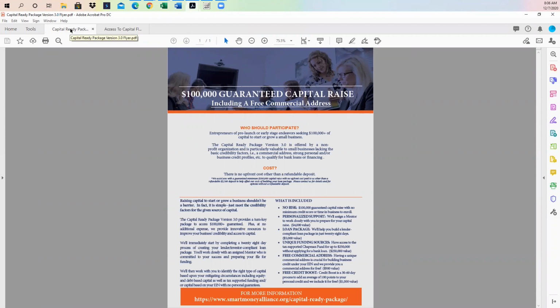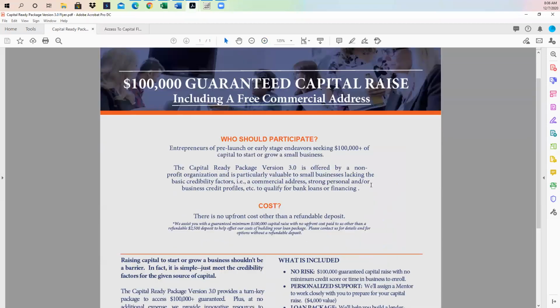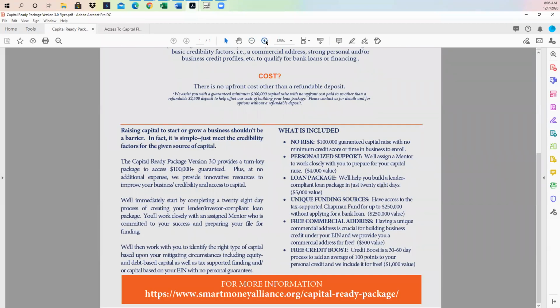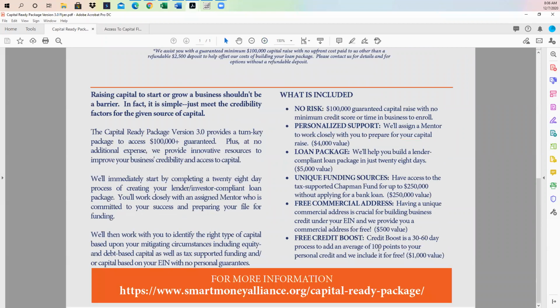Let's address each. With credit boost, which is highlighted, I'll make this larger so we can see down here. With credit boost, and you're probably familiar with it, it's our 30 to 60 day plan to normally add about 100 points to personal credit. So with that being said, they may not need a credit boost. They may not want a credit boost, but a lot of entrepreneurs have damaged credit.